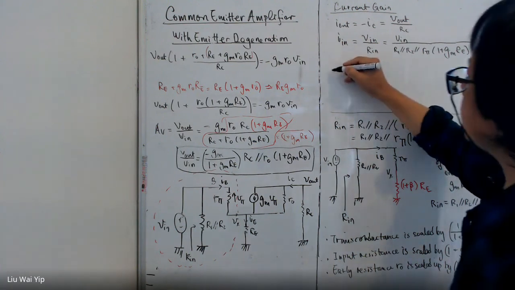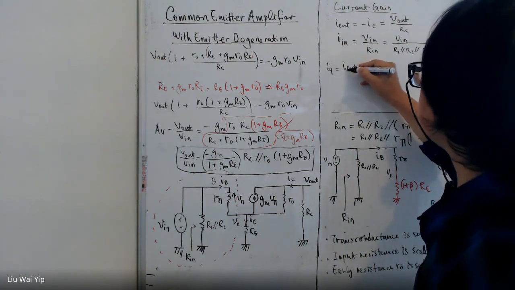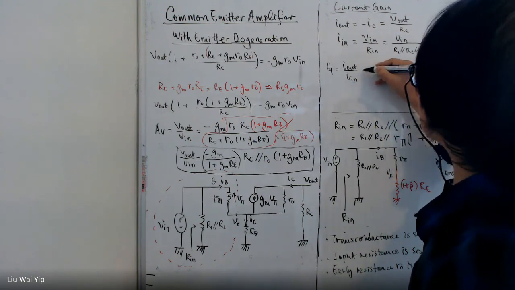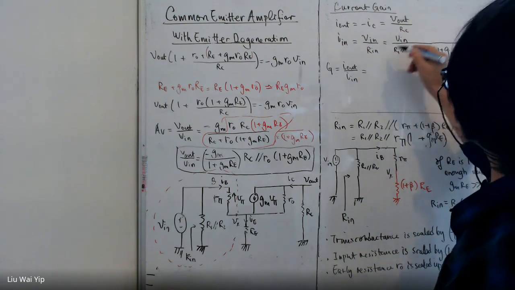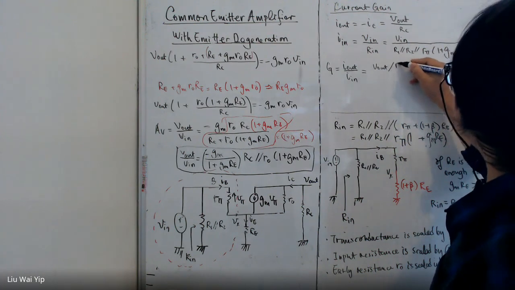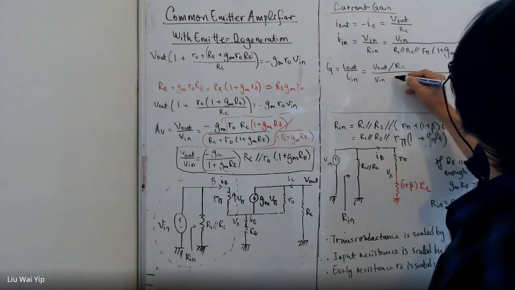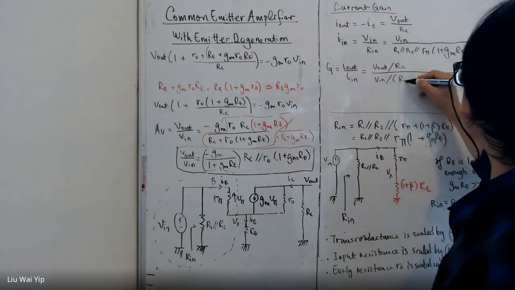So the current gain is equal to this one and this one: Vo divided by RC and Vin divided by this expression.